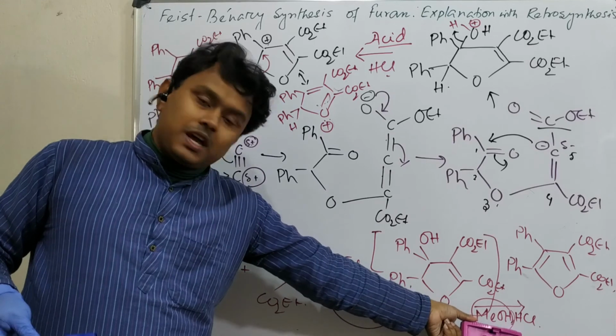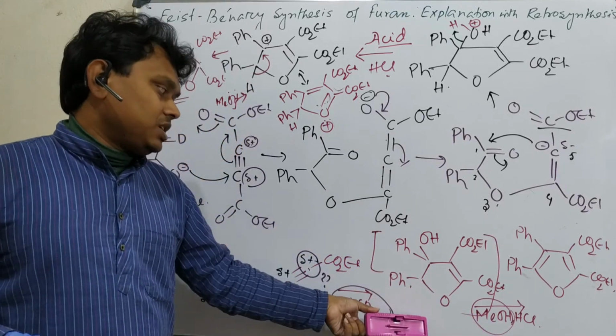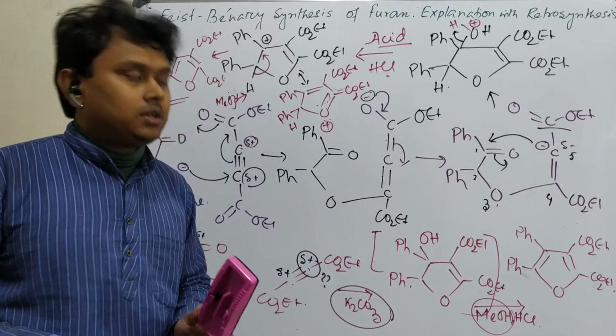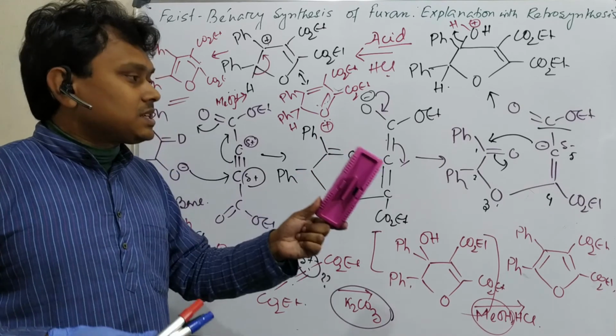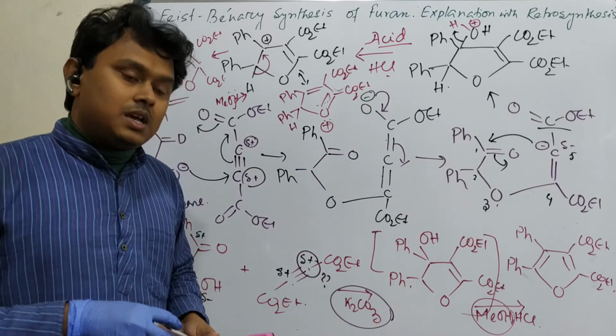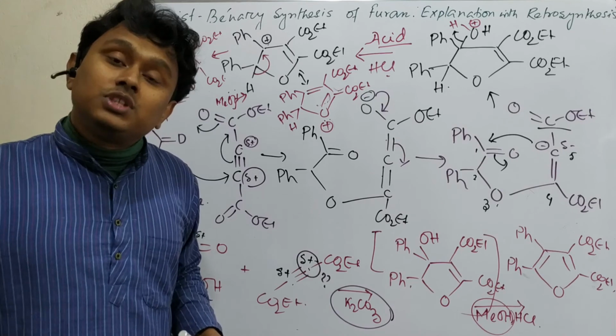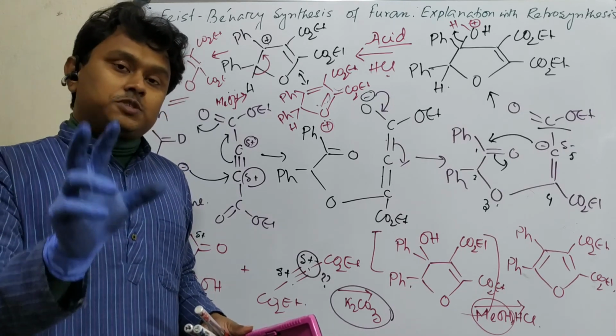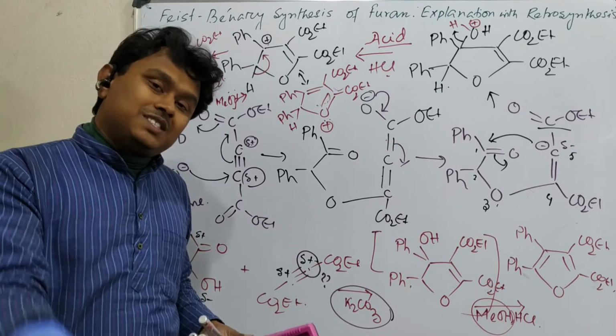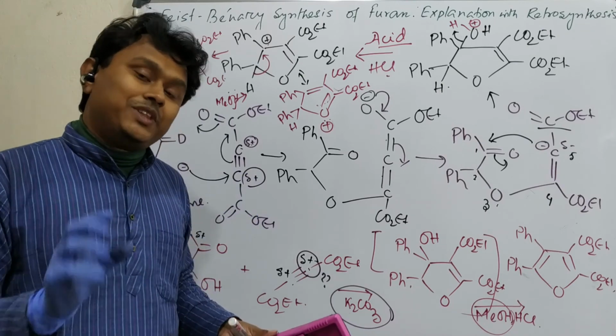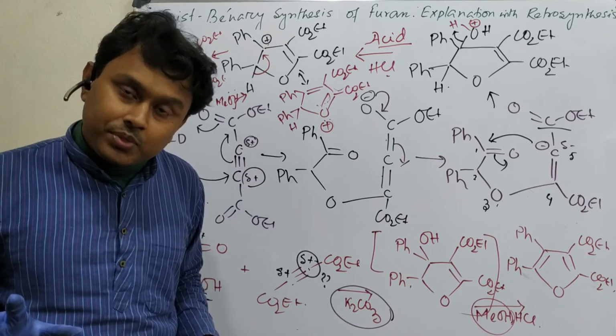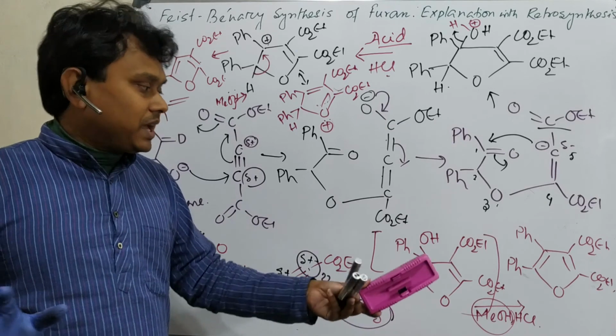Yes, there is some exception where I have HCl, but the main ring formation happens in alkaline medium. Second, we discussed the retrosynthetic strategy, the polarity of this group, and with respect to the retrosynthetic polarity, what is the real counterpart of that retrosynthetic fragment. So we have learned this with mechanism.